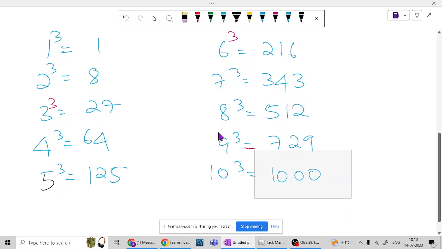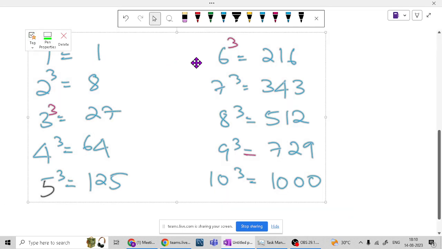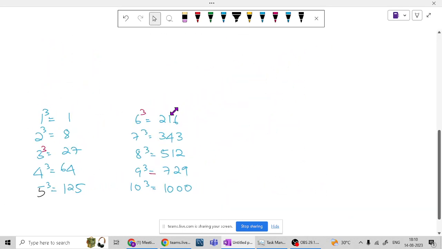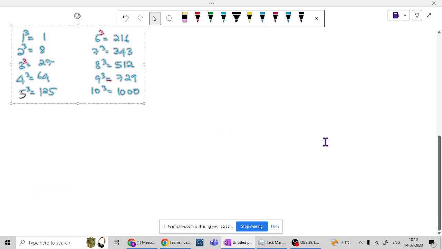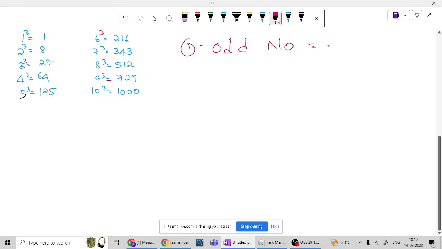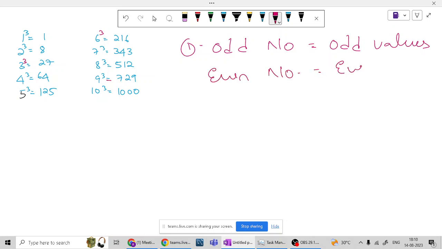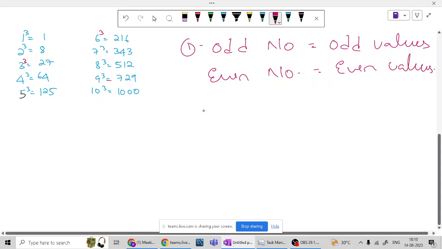So for odd numbers, you get odd values, and for even numbers, you get even.